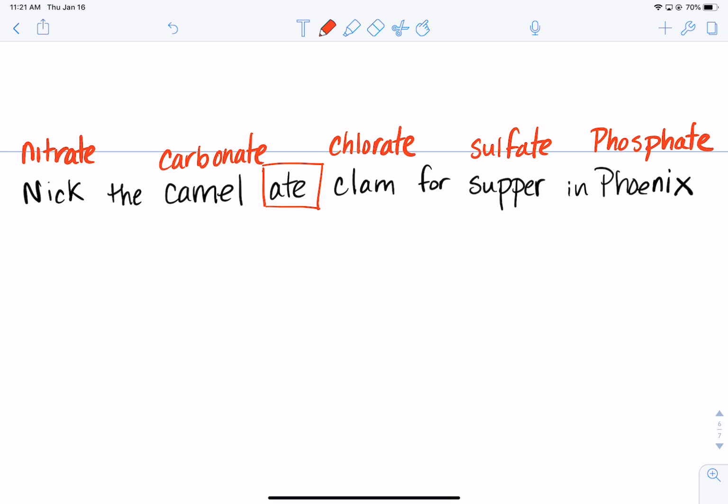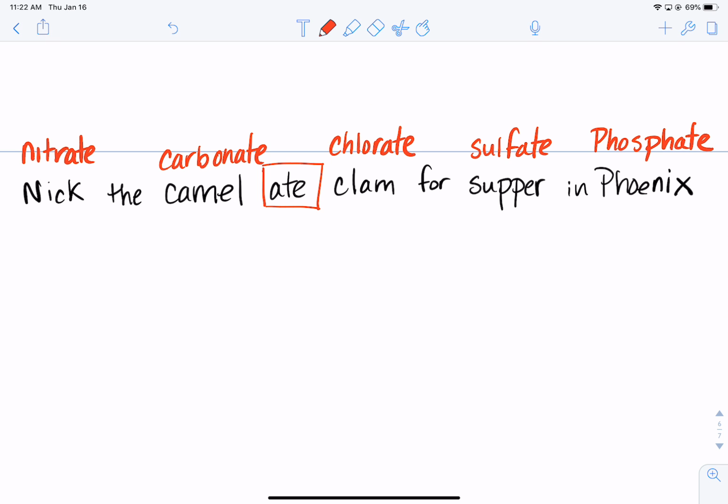Please raise your hand when you've noticed the pattern. I would like you to look at nitrate, carbonate, chlorate, sulfate, and phosphate. Please look at the chemical formulas on your chart and raise your hand when you notice a pattern. Sabrina has noticed a pattern. Well, yes, the names are all ending in ate. Good.